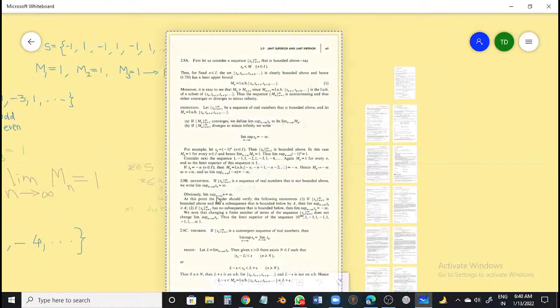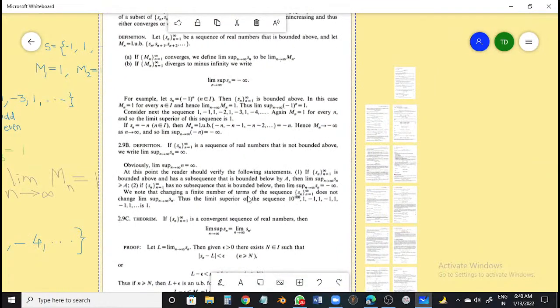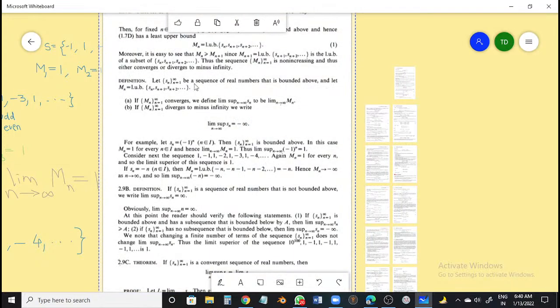Let us once again read the definition aloud. The definition says: if Sn is a sequence of real numbers that is bounded above, and Mn is the supremum of the set from Sn onwards, if this sequence Mn converges, then the limit superior of Sn will be the limit of the sequence Mn.